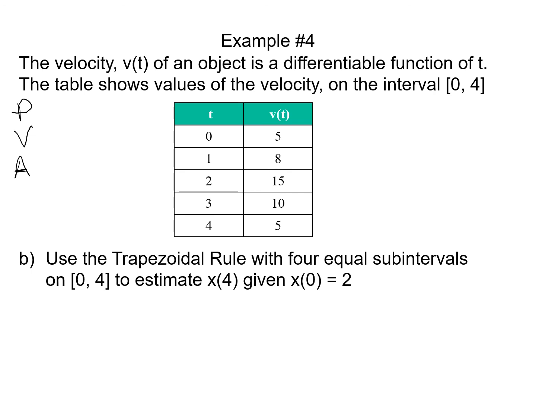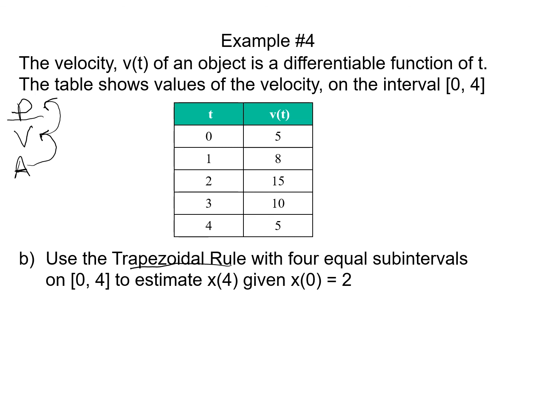Well, the opposite of that is true. If I have acceleration and I take the integral, I get velocity. If I have velocity and I take the integral, I get position. So when I'm using a trapezoidal rule, I am approximating the integral of the velocity, which is going to give me position.